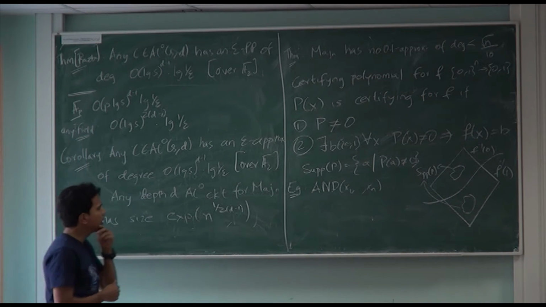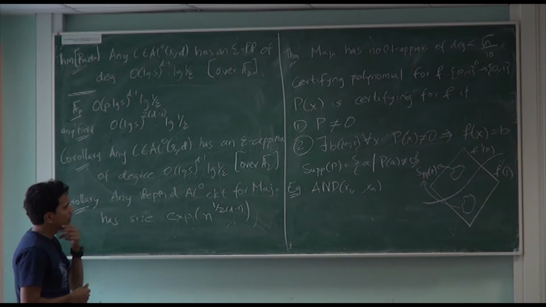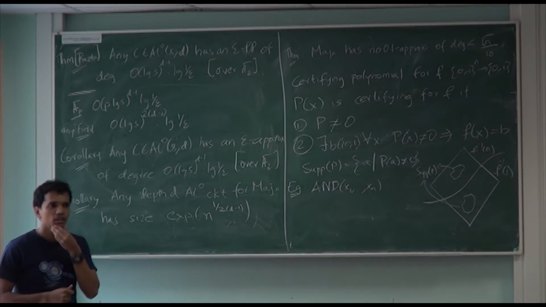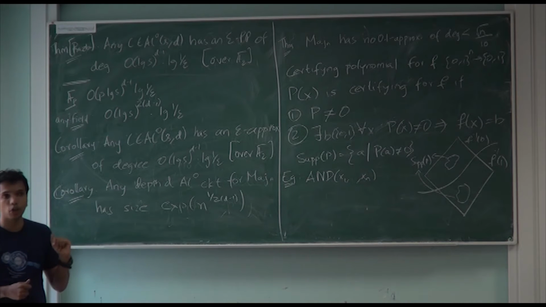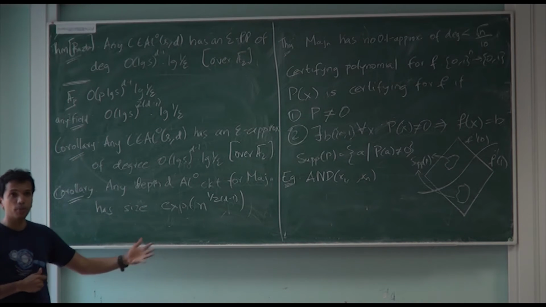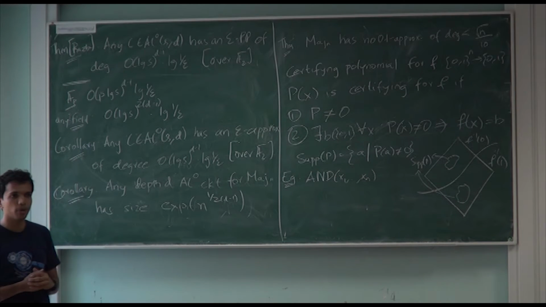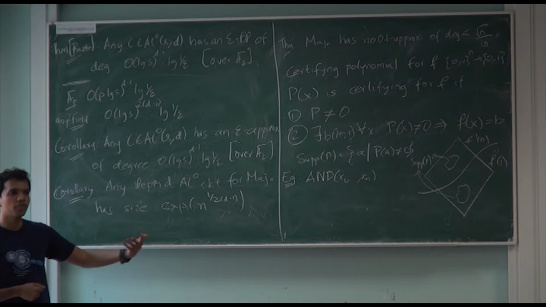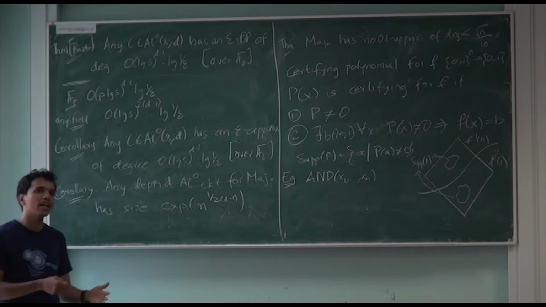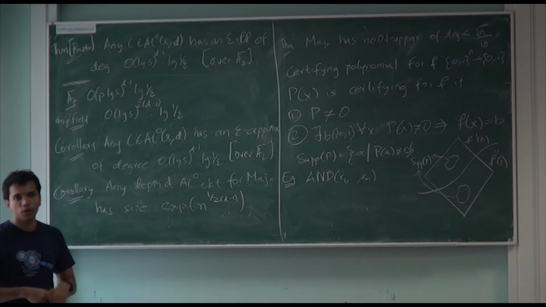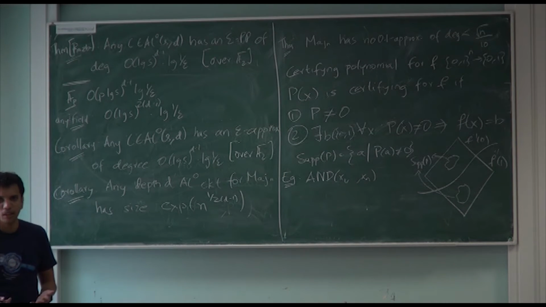Okay. All right. So, for example, take the AND function, right? I'm going to give you a certifying polynomial for it. Of course, I could give you the polynomial itself. That would be a certifying polynomial, but that would be of degree n, and I want a low degree certifying polynomial. So I want to certify that AND is some value, and I want to do it as easily as possible, right?